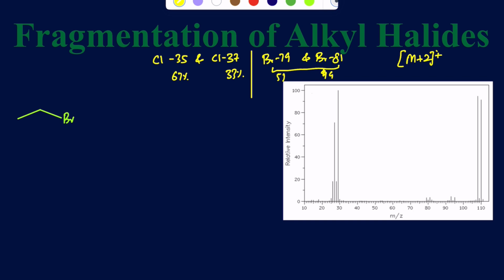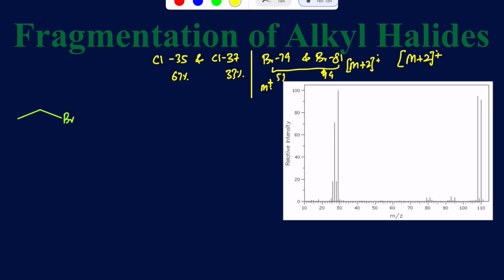In the case of chlorine, your M plus 2 peak is going to be roughly 1/4 of the M peak. For bromine, this would be the M radical cation and this would be the M plus 2 radical cation, and they're almost going to be 50-50%, because their relative abundance is almost 50-50.